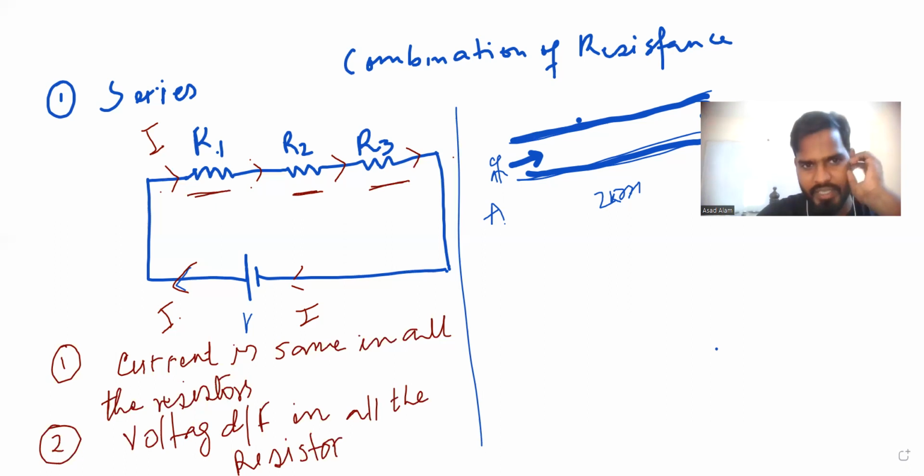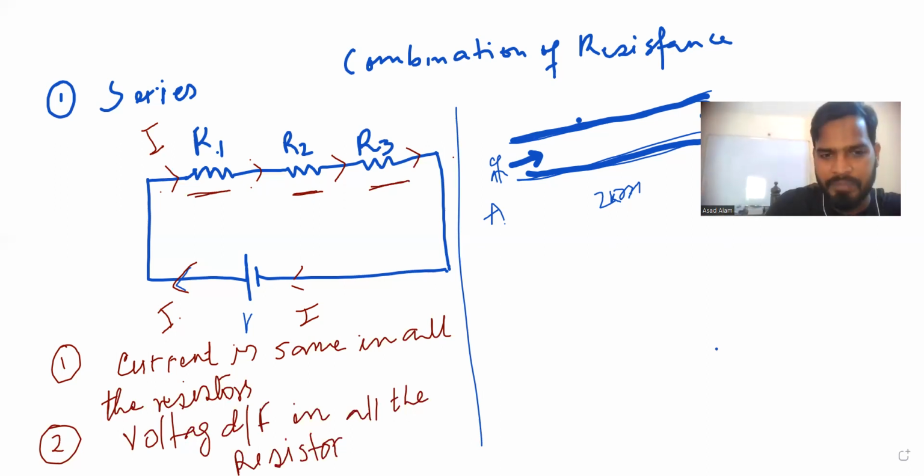Now let's find the formula for that. Sometimes they ask in board exams directly to derive the series formula, that R equivalent is equal to R1 plus R2.